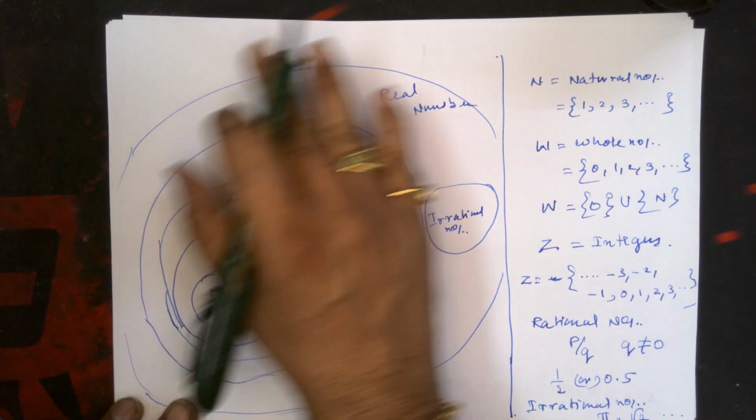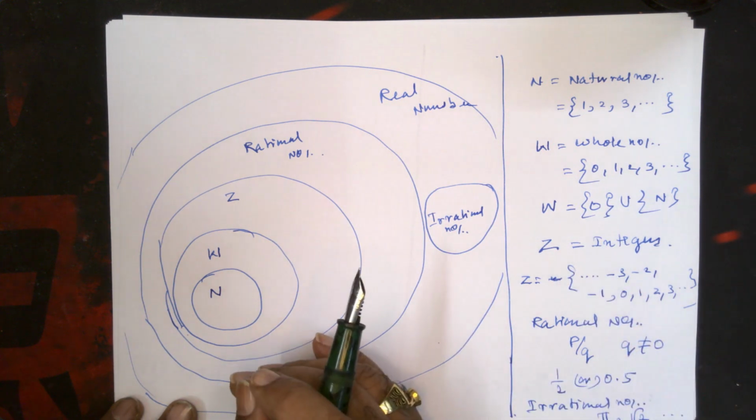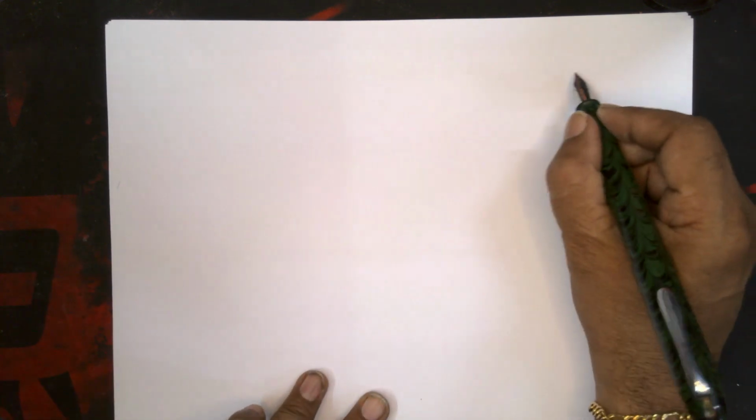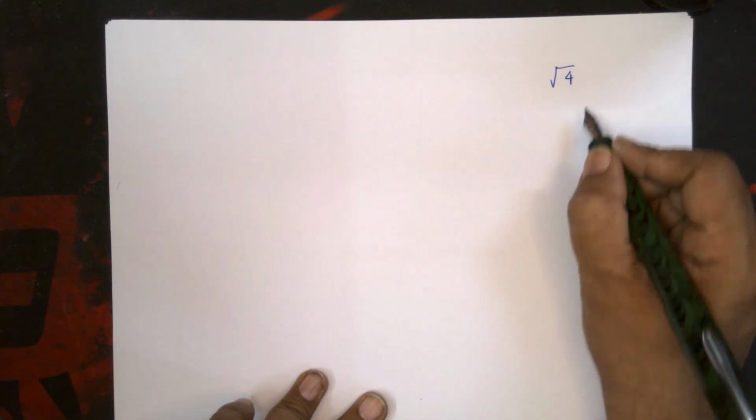Okay. So let us confine to real number only, because complex number deals with imaginary number. I will tell you what, so that we can extend later about this. When I say real number, you can ask me, sir, is there any unreal number? Yes, that is called imaginary number. For example, square root of 4. What do you mean by square root of 4?